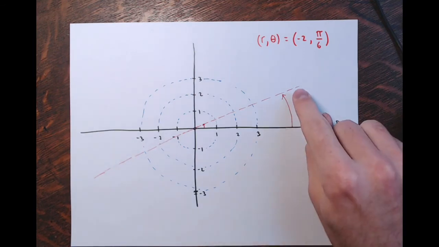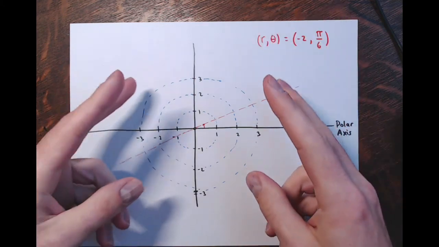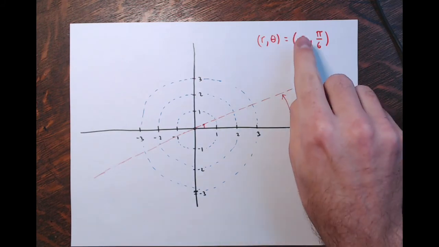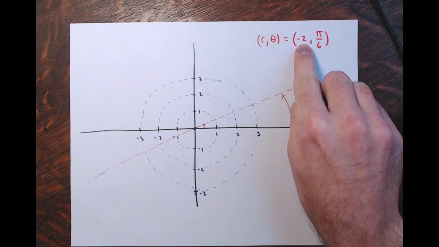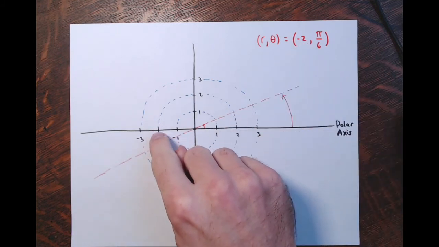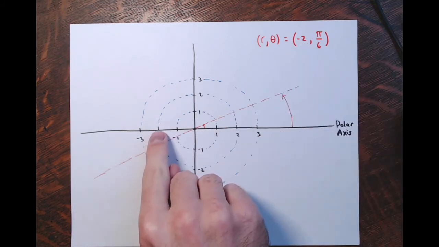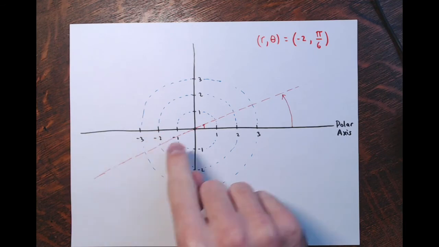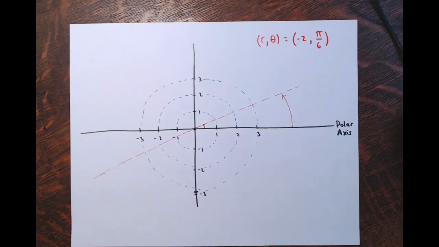And then on this line here, the new polar axis where the polar axis rotated to, I'm locating the value of r equals negative 2. So basically, where would negative 2 have gone? Negative 2 was here. If I rotated this pi over 6, I'm landing here.